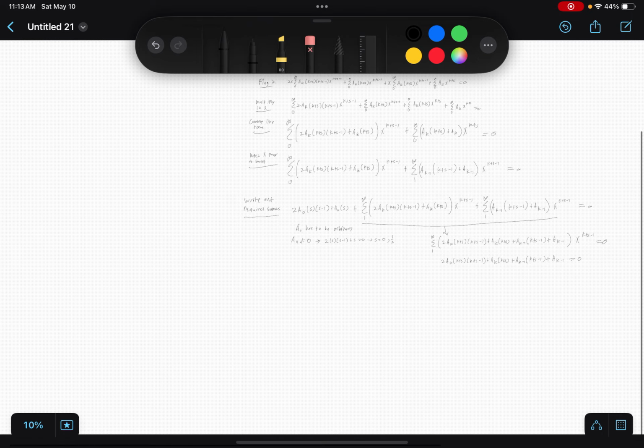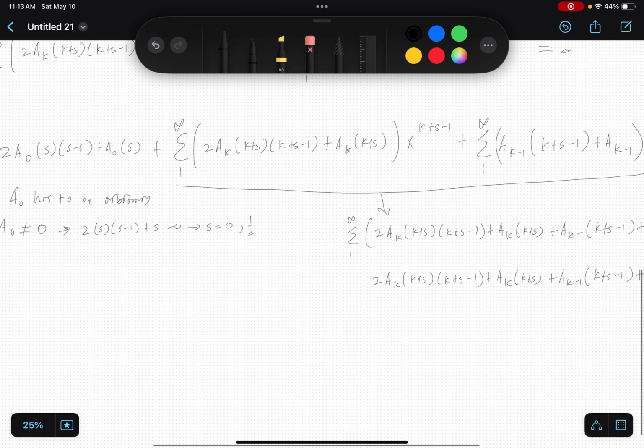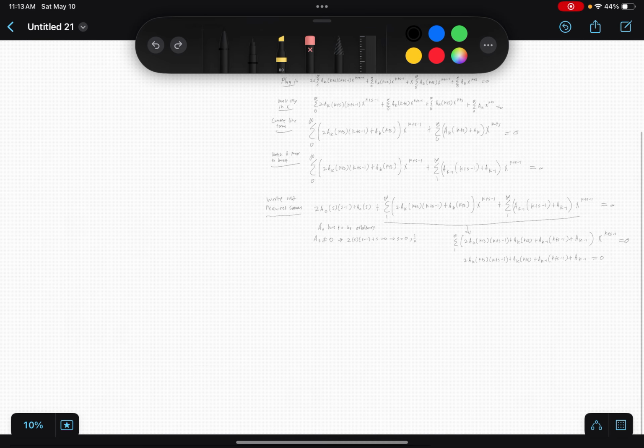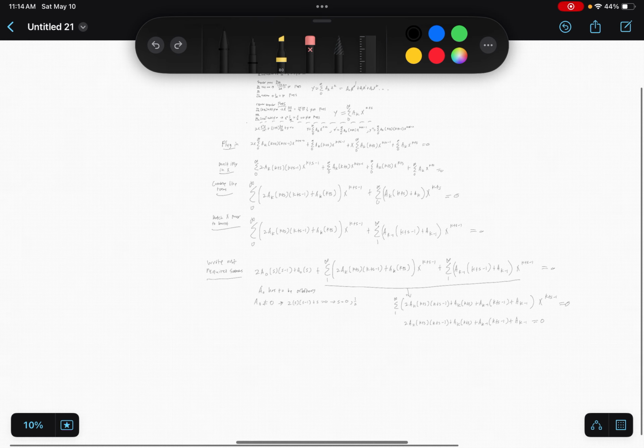Cool. So, but now we have two cases. We have a case where s equals 0 and where s equals 1/2. The s equals 0 one's probably easier. Dang it, I lost it. Give me a second. I lost my answer key. Here we go. Okay, yeah, let's do the s equals 0 one first.